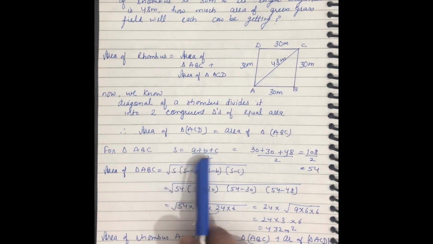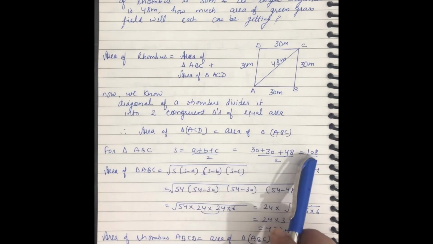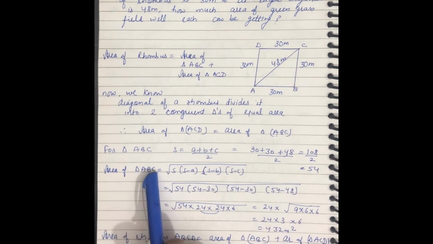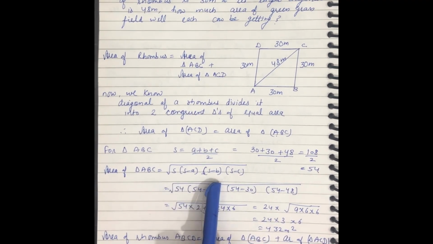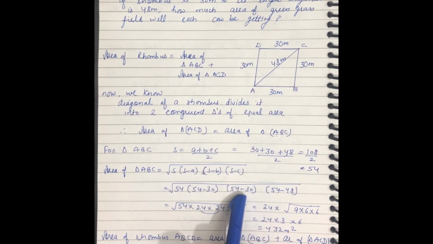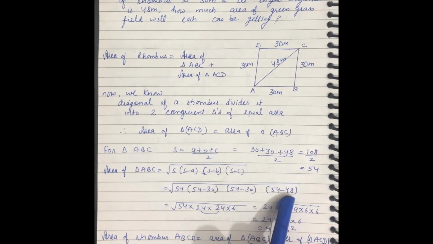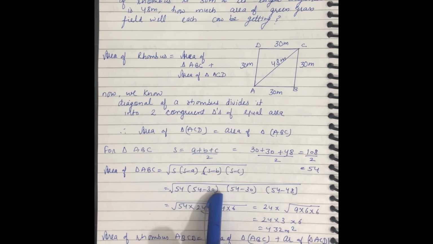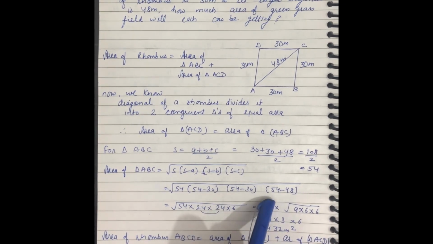So s is equal to (a plus b plus c) by 2, 108 by 2, which is equal to 54. Area, we know the formula: under the root, s times (s minus a) times (s minus b) times (s minus c). So 54 into (54 minus 30) first side, (54 minus 30) again second side, (54 minus 48) under the root. This 54 as it is, 54 minus 30 is 24, 54 minus 30 again 24, 54 minus 48 is 6.